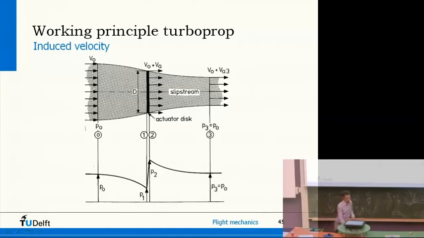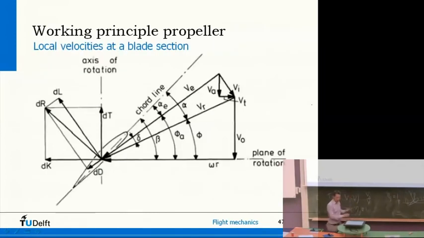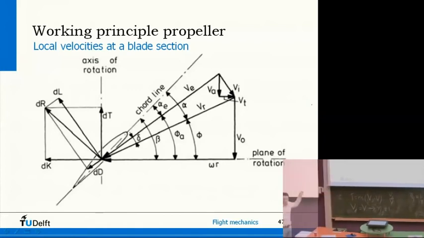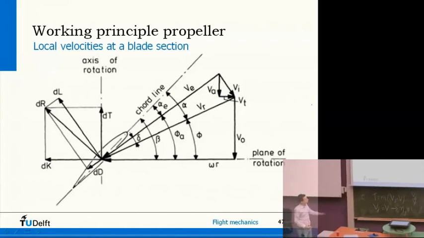So if you make the full picture, and I don't say you have to do this yourself, this is just for information, then there is an additional velocity, Vi, because air is going a bit faster through the propeller, so this affects the angle of attack a little bit. But we don't really need that now.